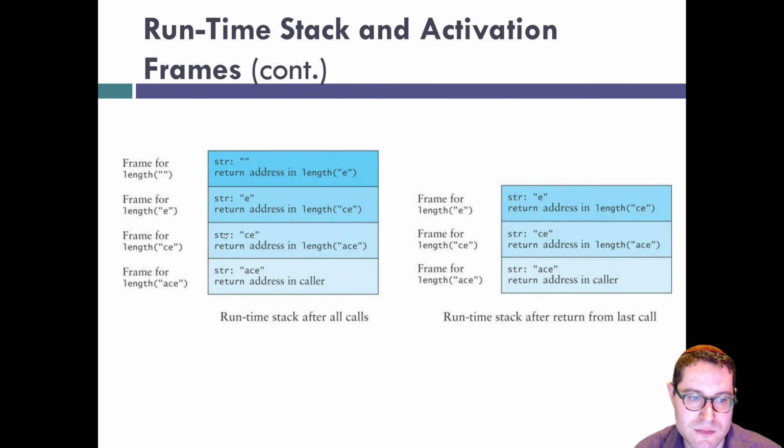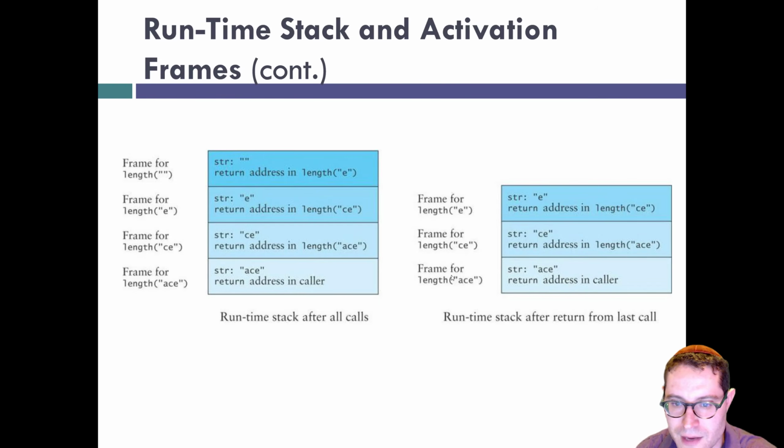So we know that our parameter was CE, and we have the return address of who called us, which was length of ace. So we call length of CE, which calls length of E, which has E as an input, and the return address to CE. And then finally, the empty string has the return address of this. You have nowhere to go after your empty string.